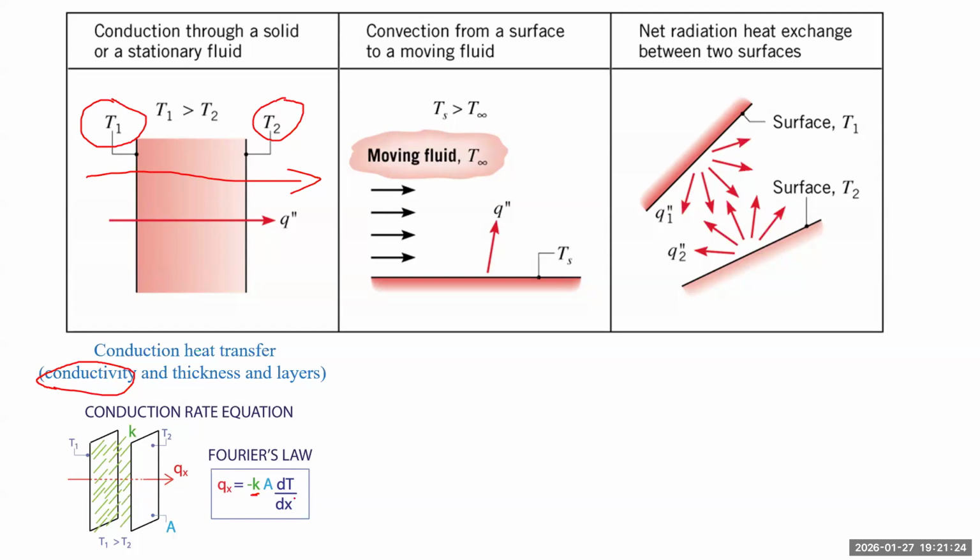And the second factor is thickness. Thicker means higher thermal resistance, so there is a smaller heat flow through it. That's the general practice for building envelope: if you want to reduce the U value or reduce the conduction heat transfer, you choose an insulation material.